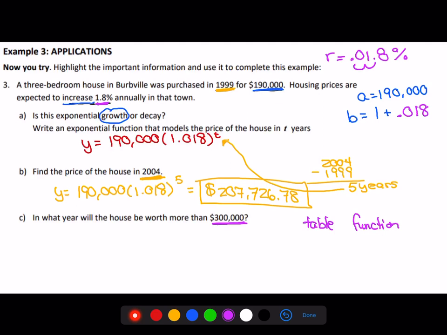In fact, if we use the table function, you find out in year 26, we're actually at $302,131. So to find out how many years that is, I'd go ahead and take 1999, our starting year, add 26 years to it, and that'd leave us with 2025.